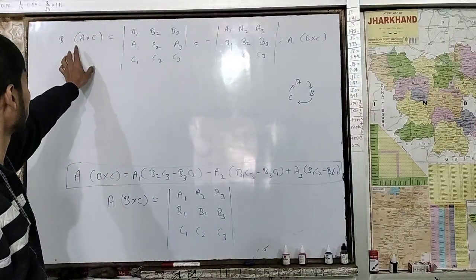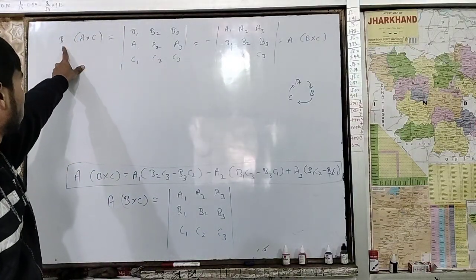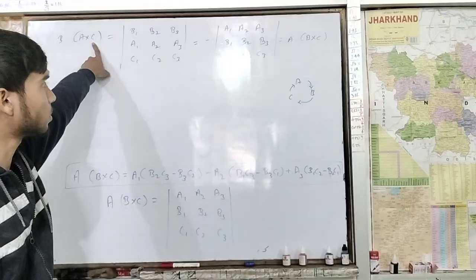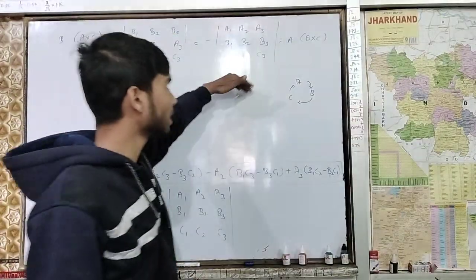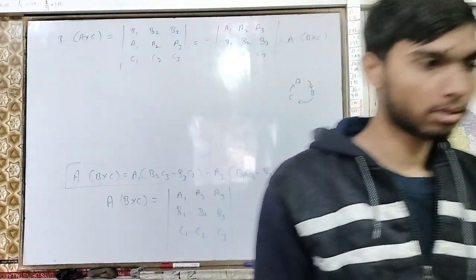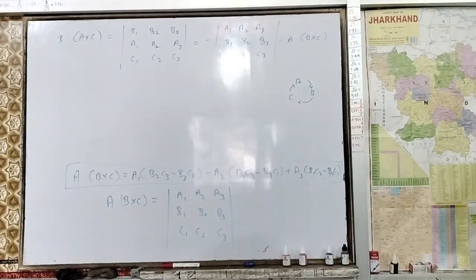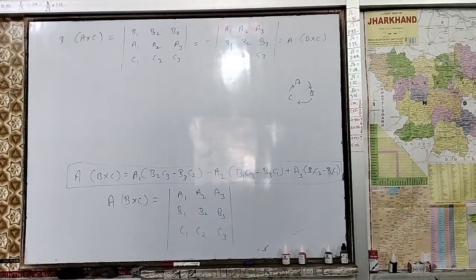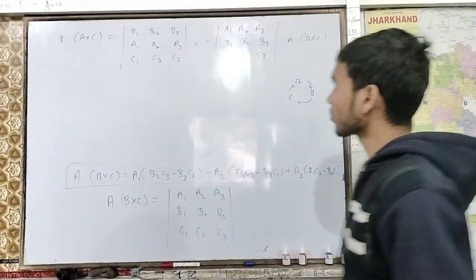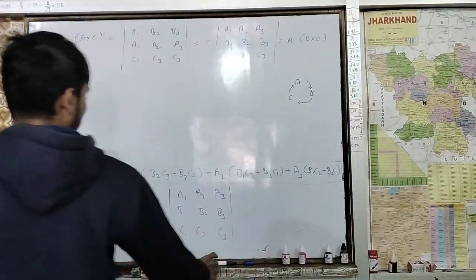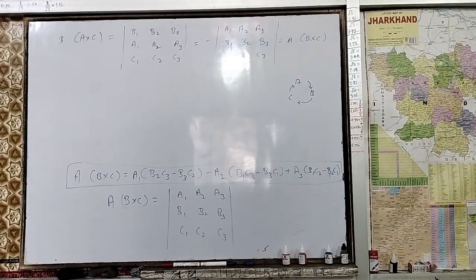First of all we bring A over here and B cross C. If you do that, then you apply a sign of negative.